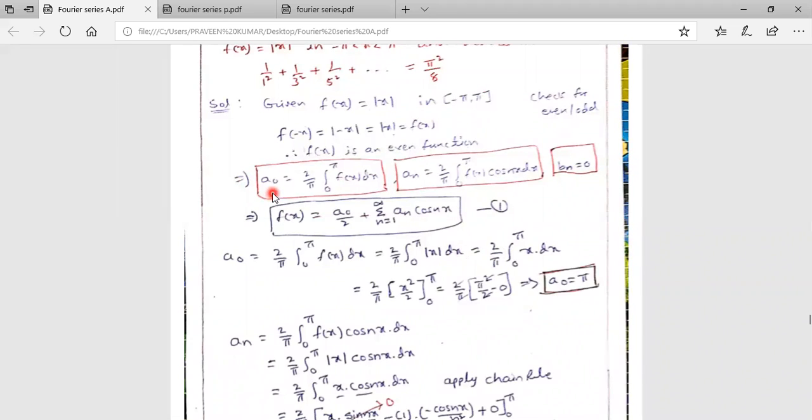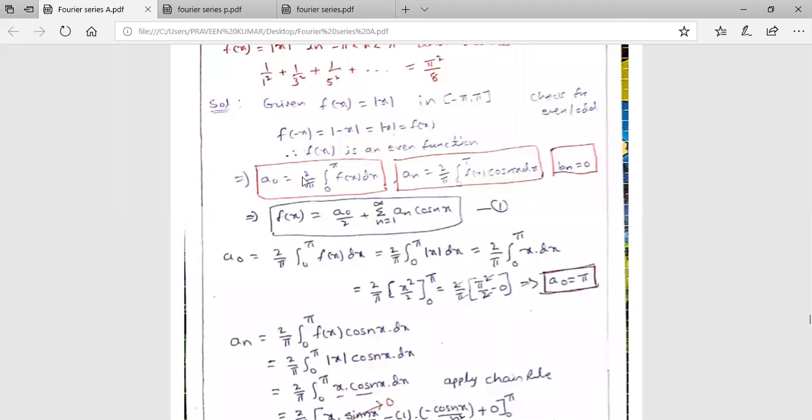The formulas are: a naught is equal to 2 by pi integral 0 to pi f of x dx, an is equal to 2 by pi integral 0 to pi f of x cos nx dx. Bn will be 0 because the provided function is an even function.